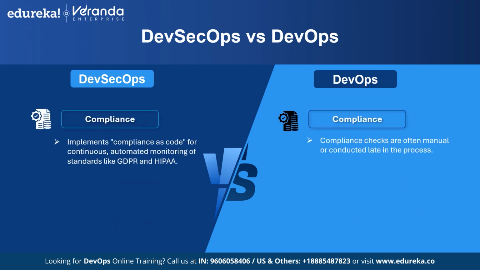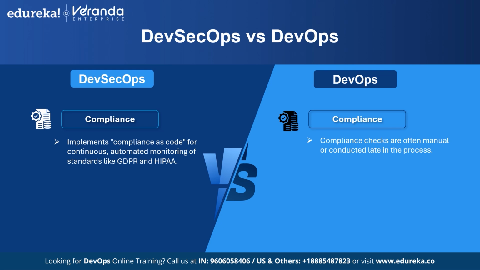The last difference is the compliance. DevSecOps uses compliance as code, which ensures continuous monitoring for compliance with regulatory requirements and industry standards like GDPR, HIPAA, etc. throughout the entire lifecycle. DevOps compliance checks might be implemented but are typically handled manually or late in the process.